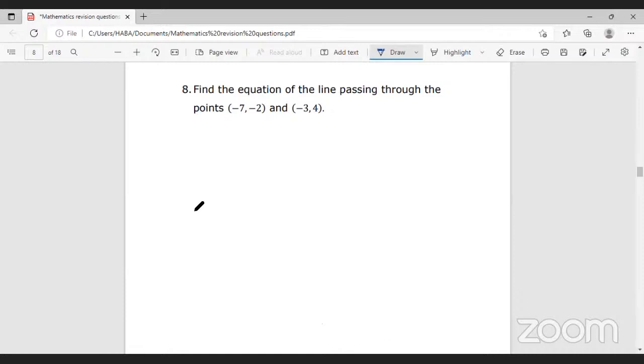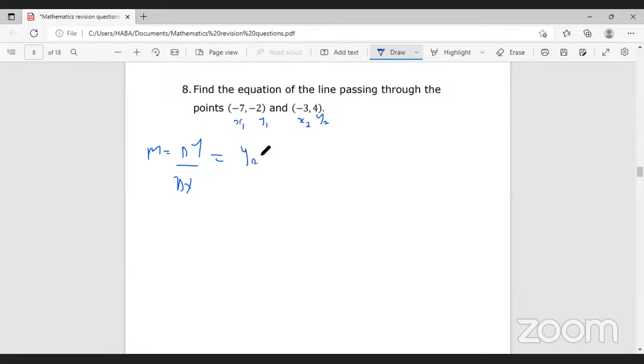So what do we begin by finding? The gradient, which is change in y over change in x. So we can rename these as y2, x2, y1, x1.